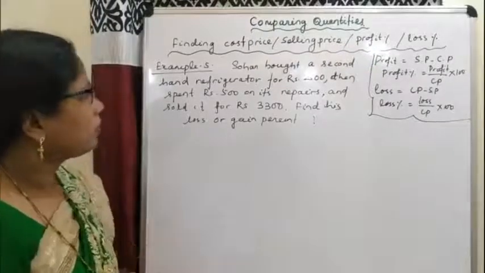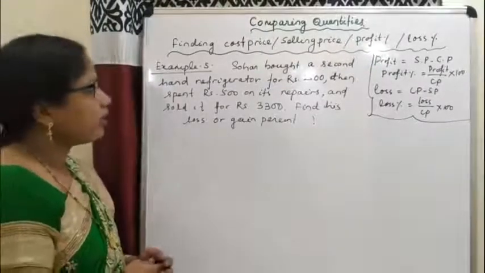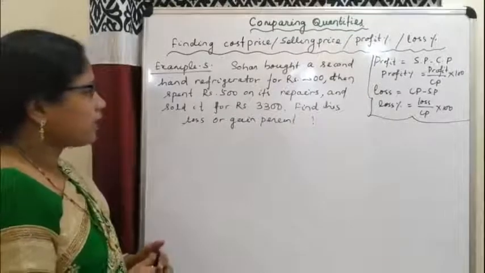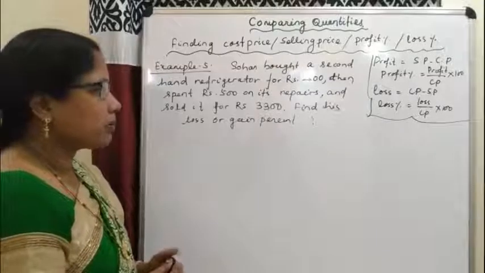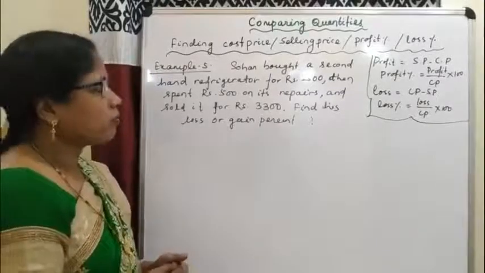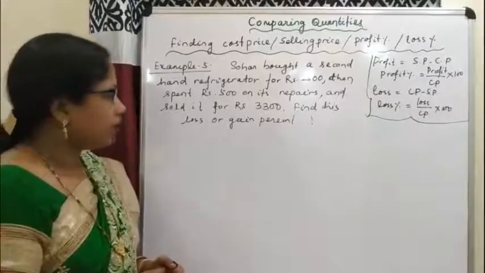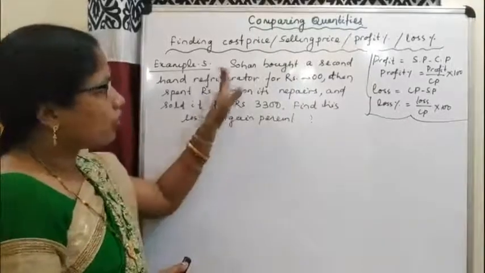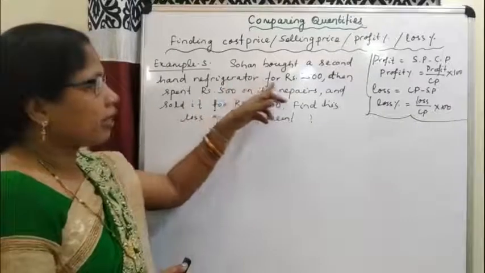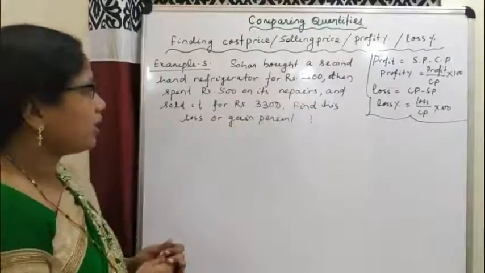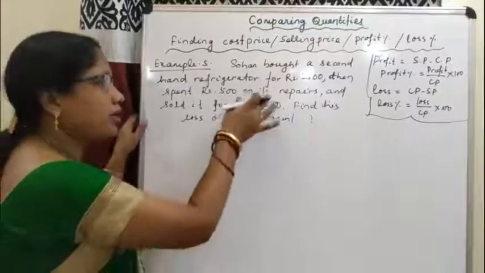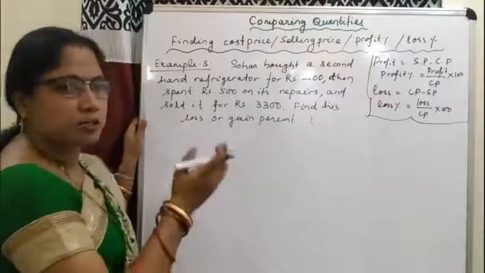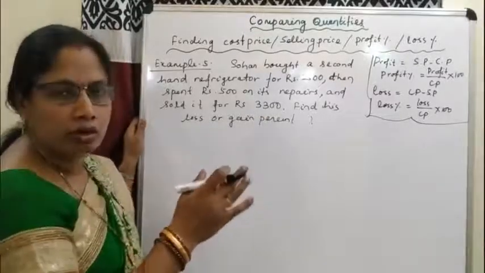Example 5. Sohan bought a second-hand refrigerator for rupees 2500, then spent rupees 500 on its repairs and sold it for rupees 3300. Find his loss or gain percent. So here Sohan bought the refrigerator at rupees 2500 and spent rupees 500 on its repair. So the total price spent on the refrigerator will be the total CP.